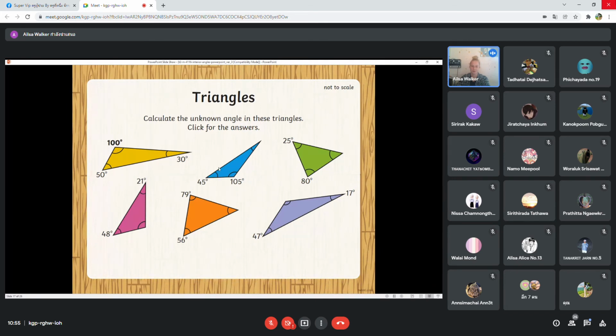Let's try this blue one. Take a look. What's the value of the missing angle here? 30. Good. And one more. Let's do the green one now. Eighty plus 20. 75. Yes, good. 75. Very good.